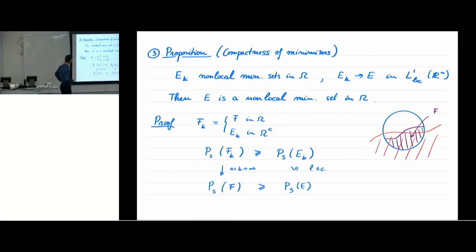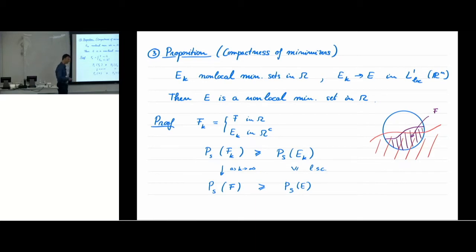The question is, is it true that the F_k's, so the F_k's are always constant in omega, but the tails are different? Is it true that the perimeter of the F_k's converge to the perimeter of F? Yeah. If I manage to establish this, then I found that E is indeed a minimizer.